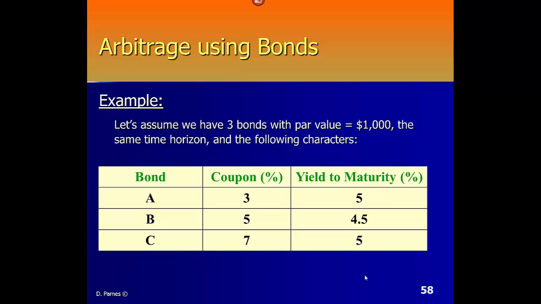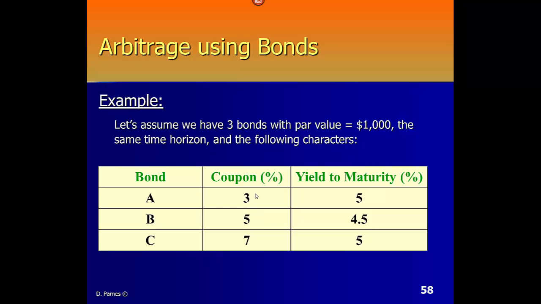In other words, if you know that all 3 bonds have the par value of $1,000, you can insert in your financial calculator $1,000 FV: future value, face value, par value. All of them have the same time horizon. You can practice by taking, for example, a time horizon of 10 years, N is equal to 10. For each and every bond, you know the coupon rate. C is equal to $30, $50, or $70.